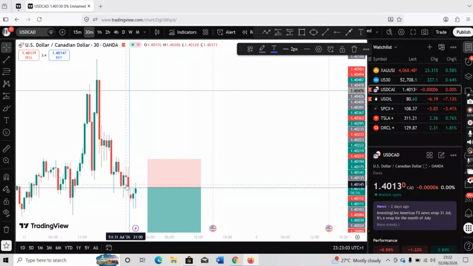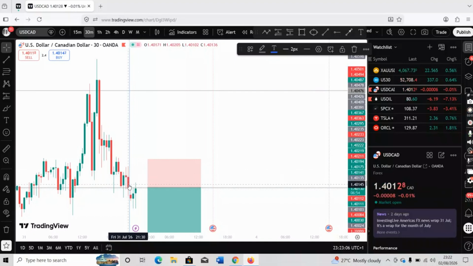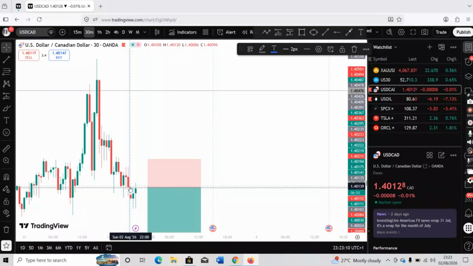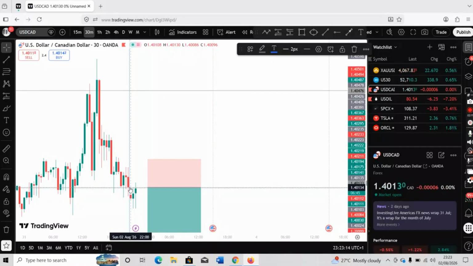So this is the close. I mark out the last candle of the previous session. Since it was a bearish candle, that means it closed on the downside. So that is why I put it.